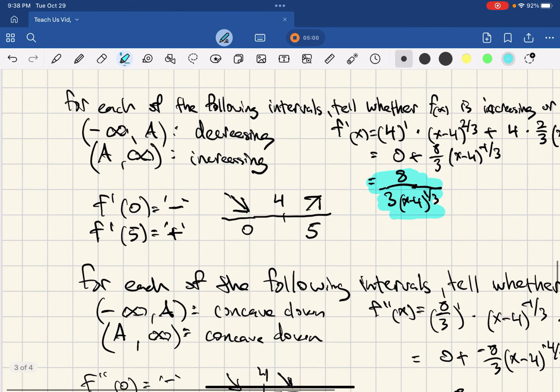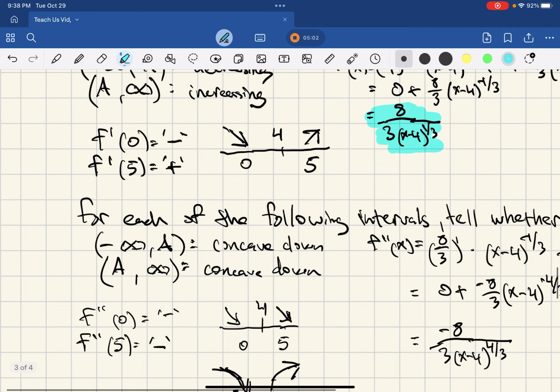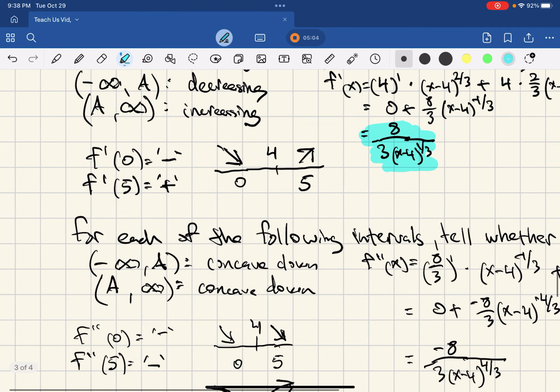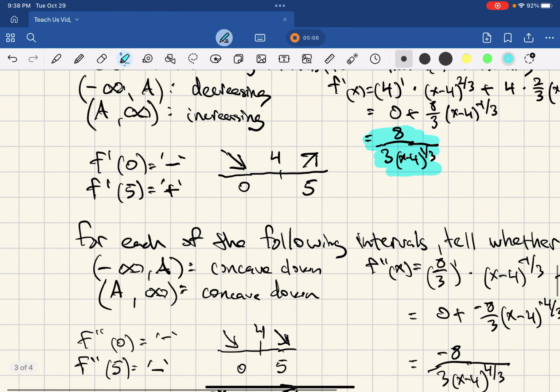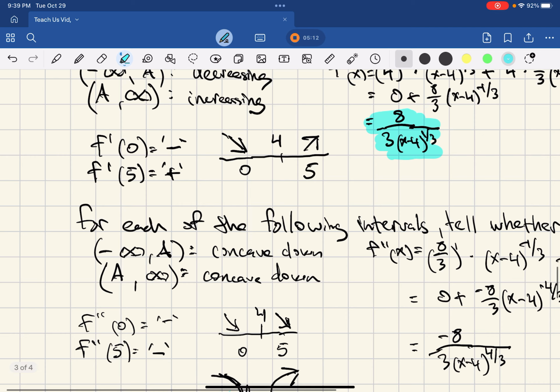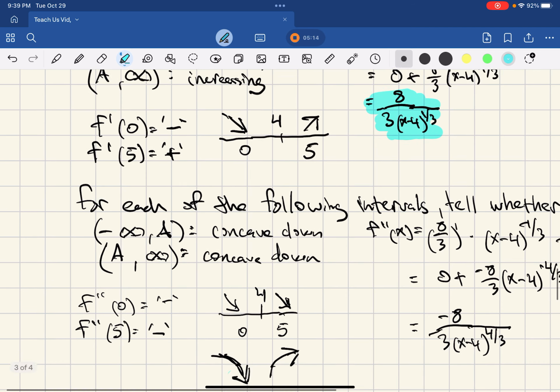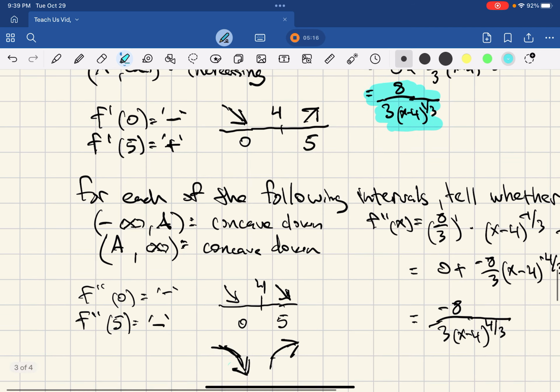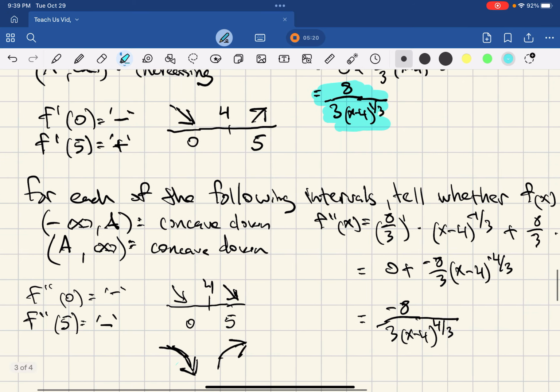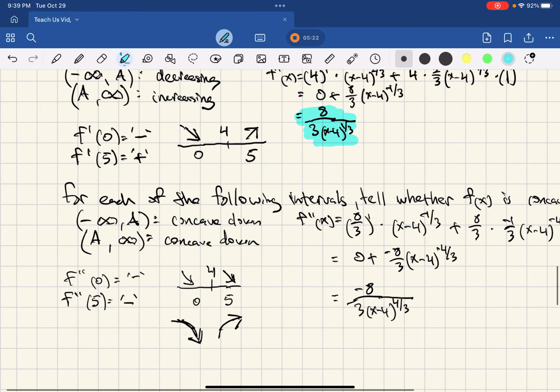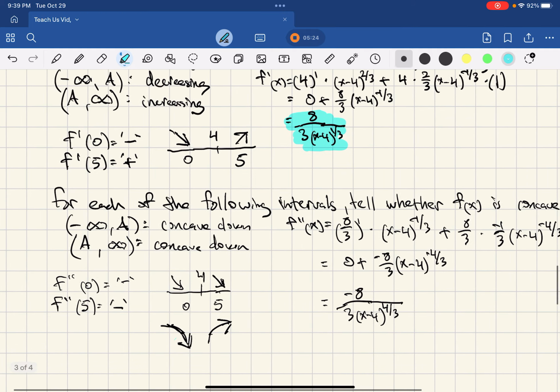But now we take a step further. Not only do we want to know if the function on a certain interval is increasing or decreasing, we also want to know the shape of that interval. This is where the second derivative comes into play.